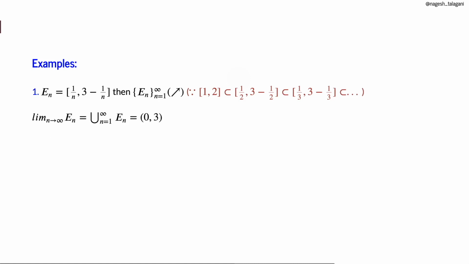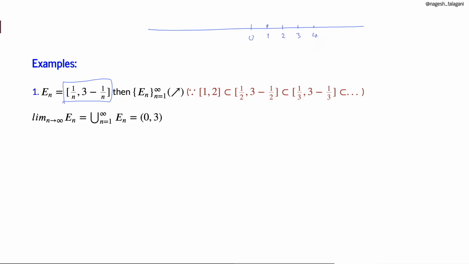The first one: here En is equal to the closed interval 1 by n, 3 minus 1 by n. Let me locate these intervals. Here let us say 0, 1, 2, 3, 4 and so on.